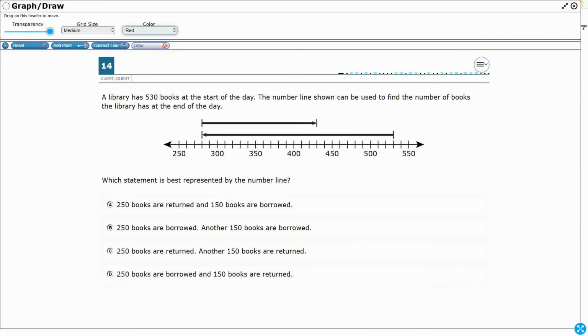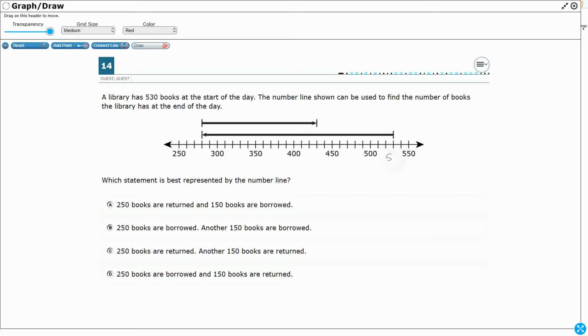And so we have a library that's got 530 books at the start of the day. So look at this number line here. Where's 530? Well, I've got my 530 right here. If I'm starting with this, start of the day, we are moving back to the left. When we move back to the left, what is happening?